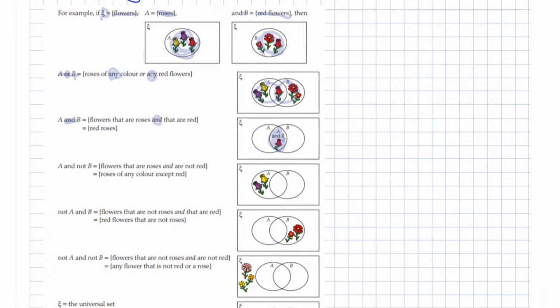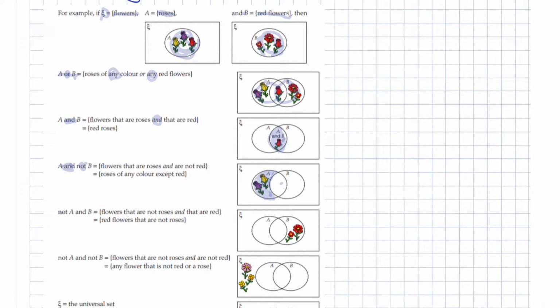Moving on to the next one. A and not B. Now look at this Venn diagram. It's only showing you what is included in A but not shared by B, so only those elements that are specific to A and don't overlap with B.